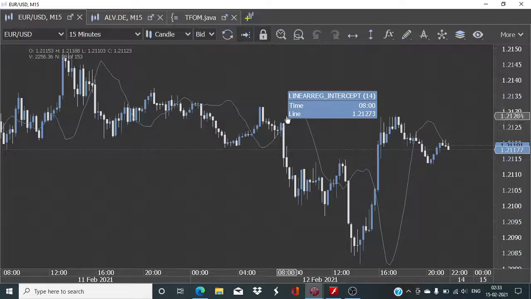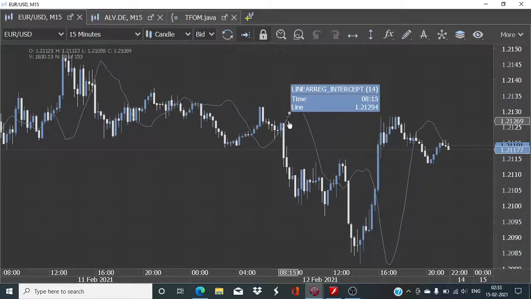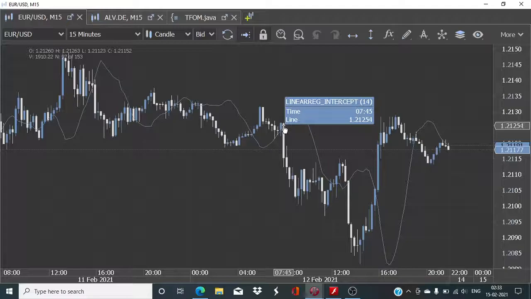So here we will do the difference calculation also, where we will need to subtract the closing price of the historical candle from the linear regression intercept output value, and that difference should be at least 10 pips for the initiation of the trade.